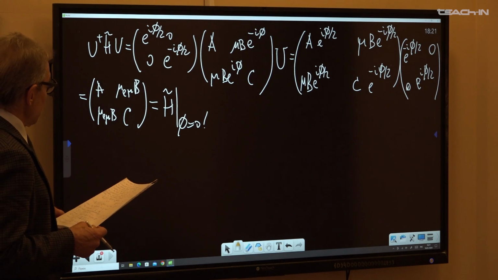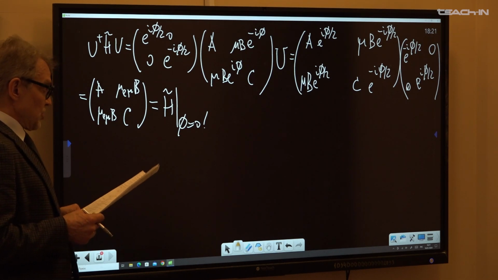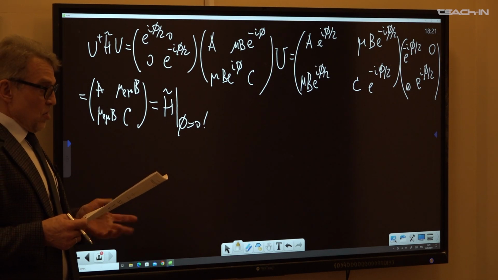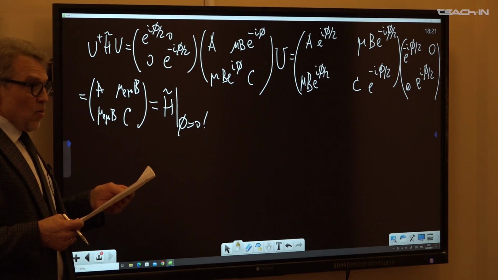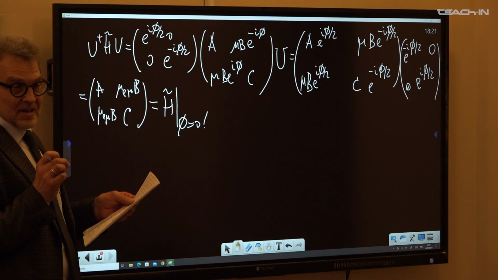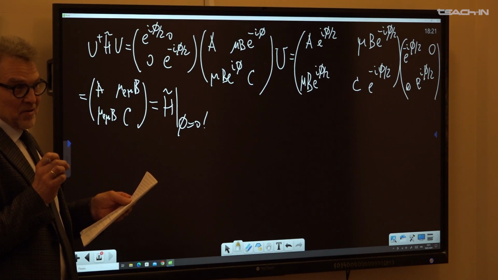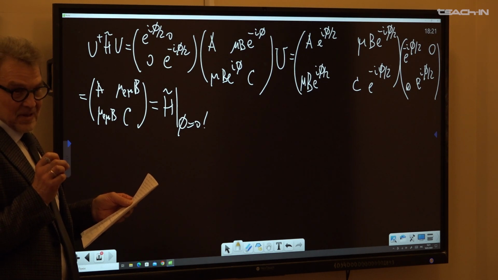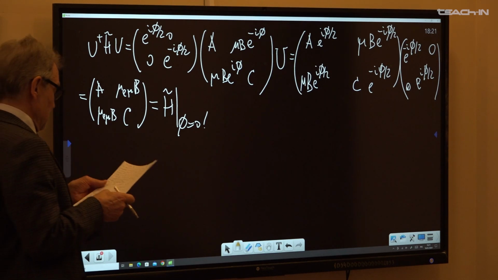The above transformation does not change the probability of neutrino oscillations. So we keep the same indication for the neutrino fields. Understand, yeah?